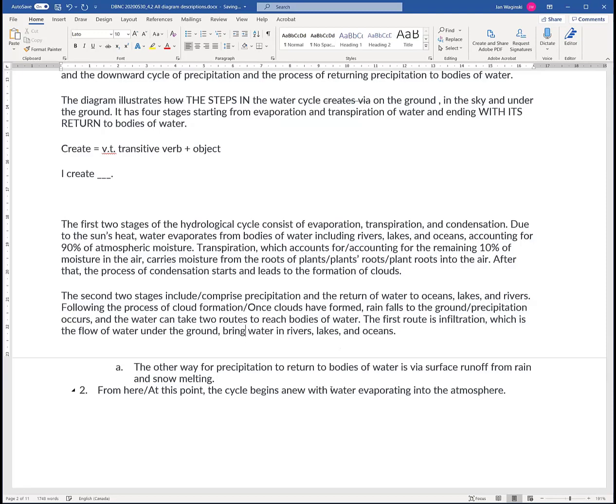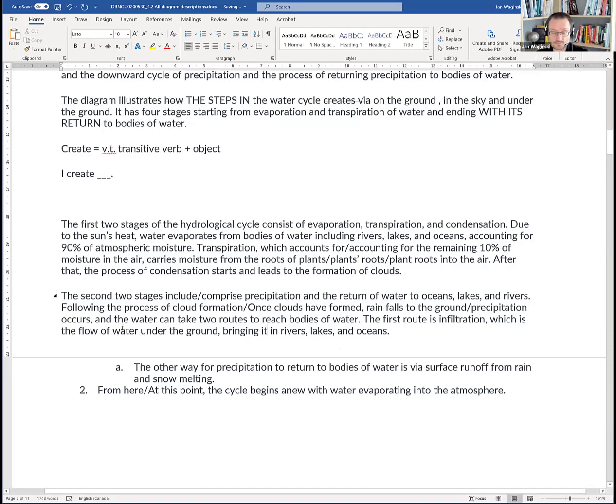Bringing or carrying it, I'm going to say it because we've already got water too many times. The first route is infiltration, which is the flow of water under the ground, bringing it to rivers, lakes, and oceans.